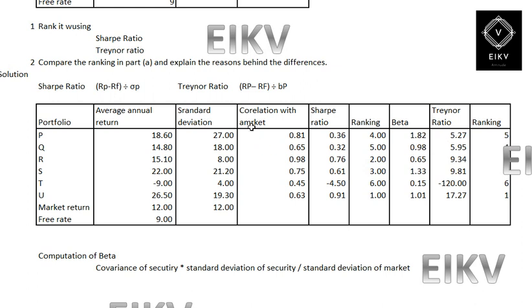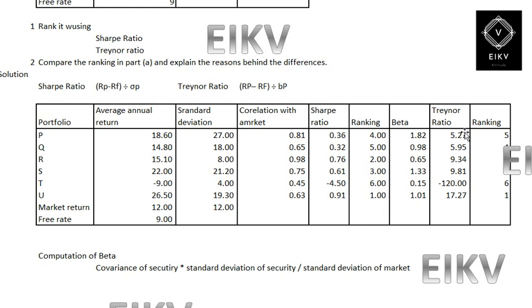In the same way, next one it would be 18 multiplied by 0.65, which is the standard deviation of the security, divided by 12 will give you beta of 0.88.